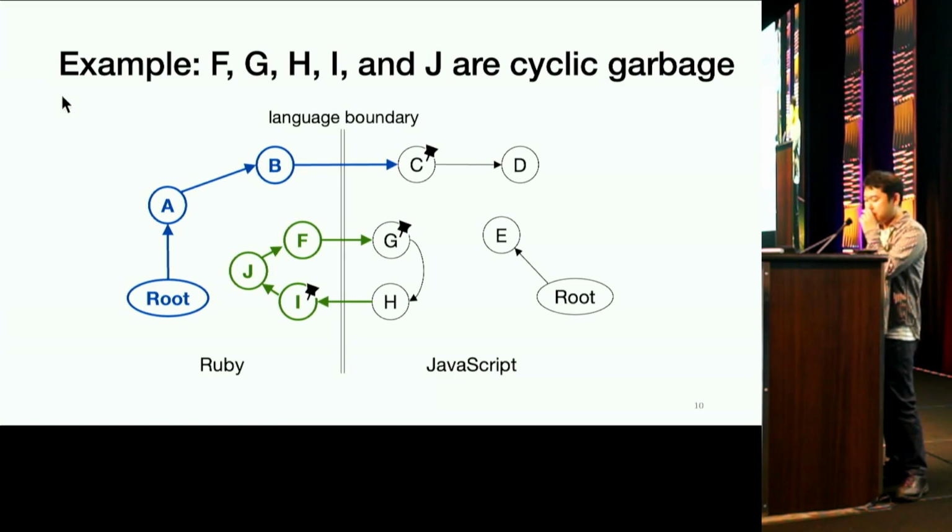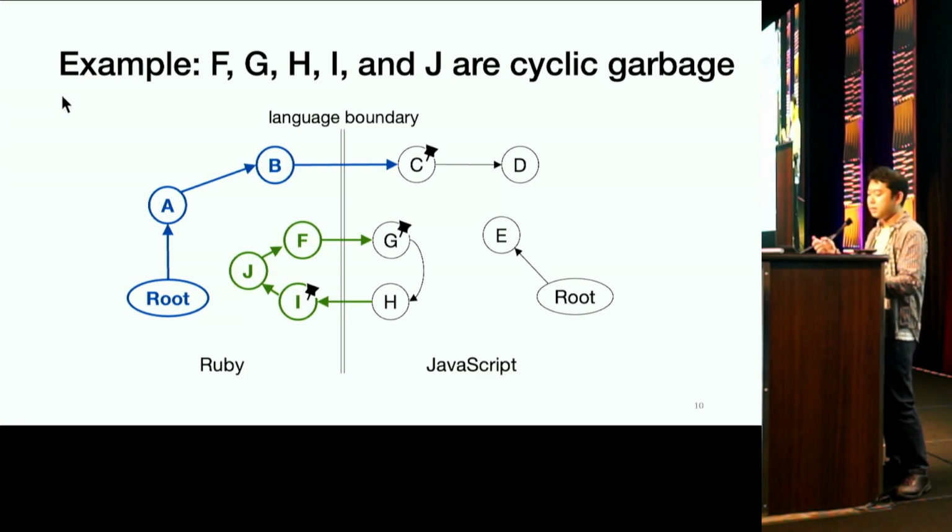And it cannot be done in a single pass. We traverse the heap space for each incoming remote reference from JavaScript to Ruby.